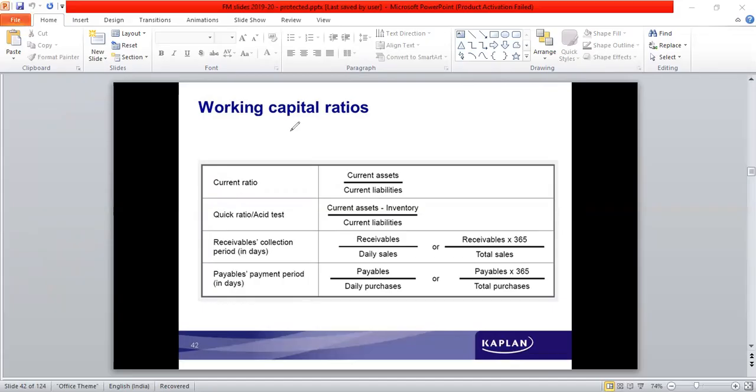So we have current ratio is equal to current assets by current liabilities. Quick ratio is all the current assets excluding inventory and prepaid expense. Inventory is not a quick asset, because inventory has to get converted into finished goods and then sold, and then getting the cash from that is not a quick process.